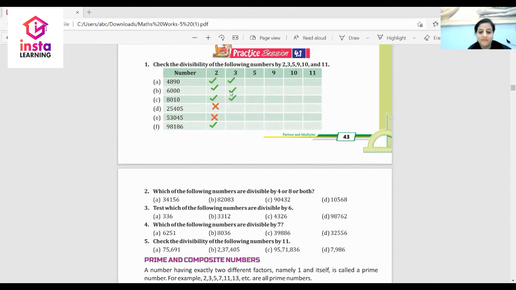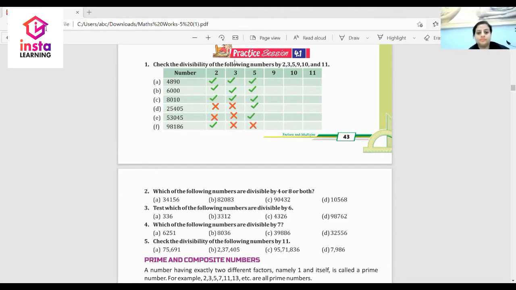But where 5 is there, here it is not divisible. Cross, cross, and cross like this. Now for 5: when 0 is coming, it is divisible. 0 is coming, divisible. 5 is coming, divisible. 5 is coming, divisible. But when 6 is coming, it is not divisible by 5.